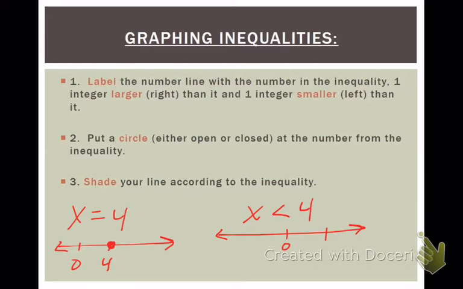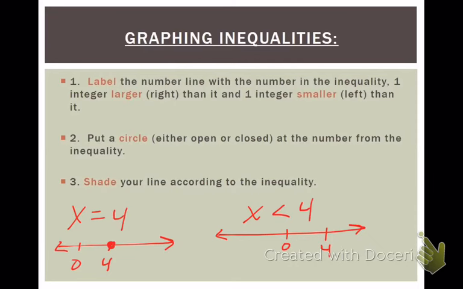Now, step 1 says you're going to label the number line with the number in the inequality. And that's true. So when you solve this down, you're going to get, let's just say, x is less than 4. So you're going to label the number line with the 4 on it. Now, I always like putting 0 in the proper place on the number line compared to whatever number I just put on the number line, and that's to show location.